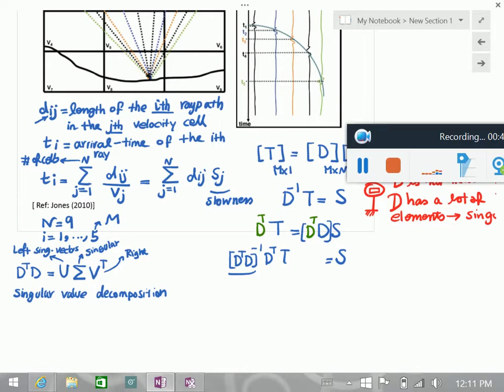Remember what I told you earlier. We actually don't know D before knowing S. That's the problem. So we have to solve this iteratively, because how do we know D if we don't know S?